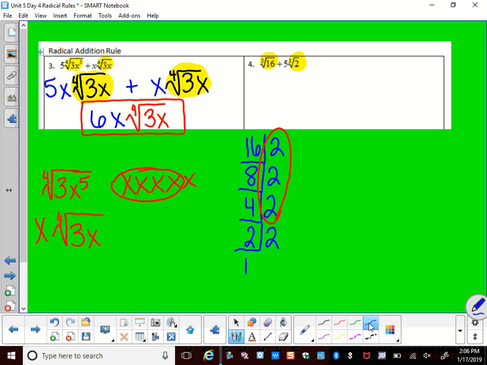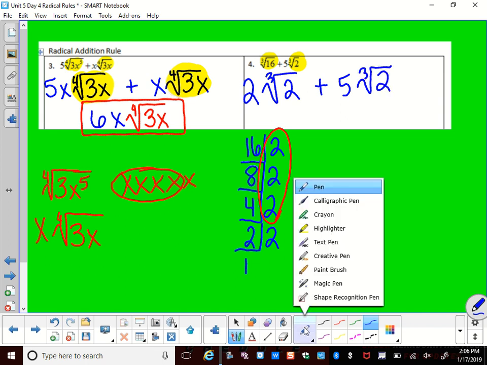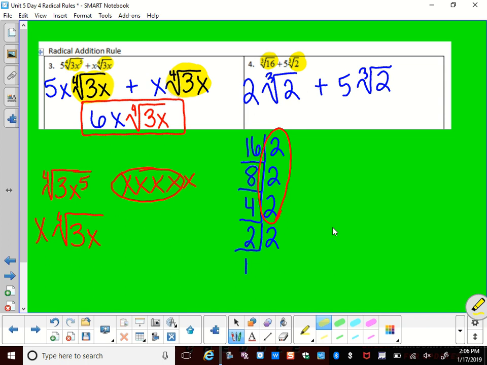So when I rewrite this, I have 2 times the cube root of what's left over, 2. And then I'm just going to rewrite the first one that we just had. So now I have matching parentheses. Okay, now that they're matching, I'm good. My matching parentheses, I'm just going to copy over.